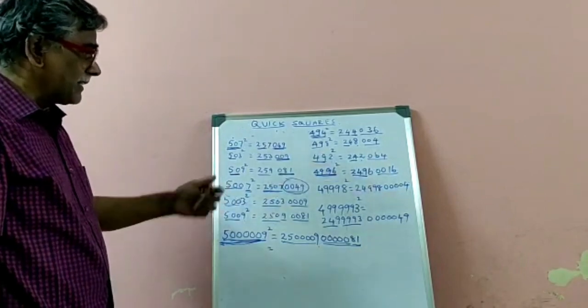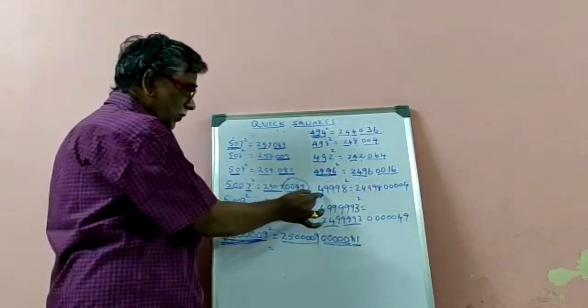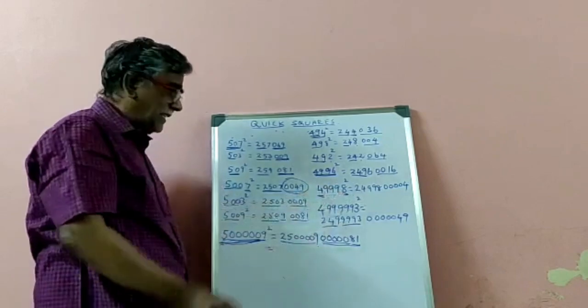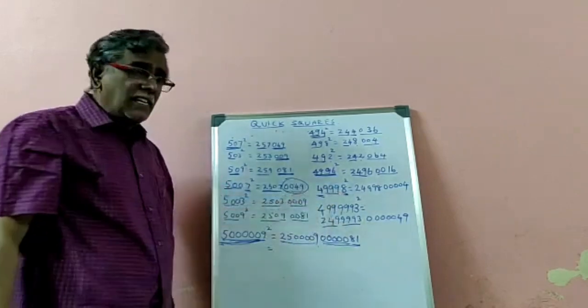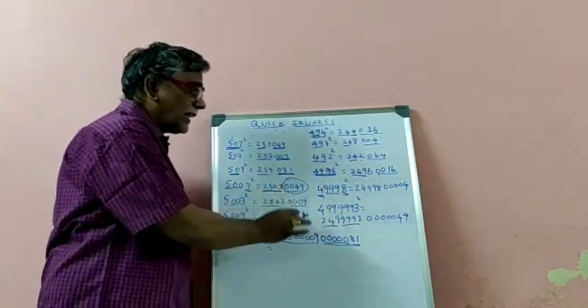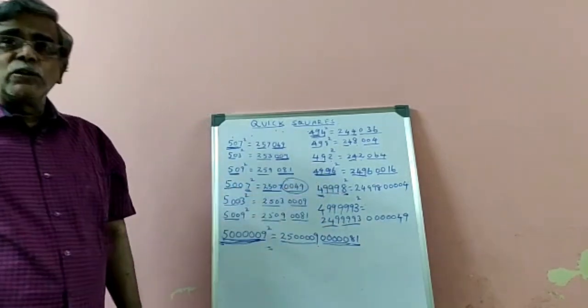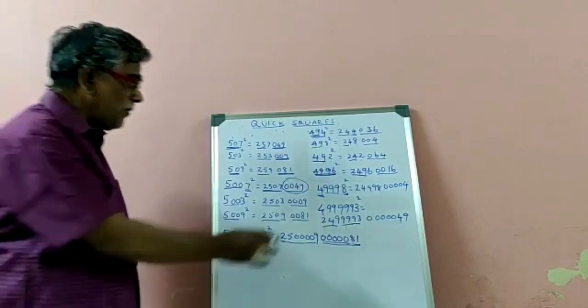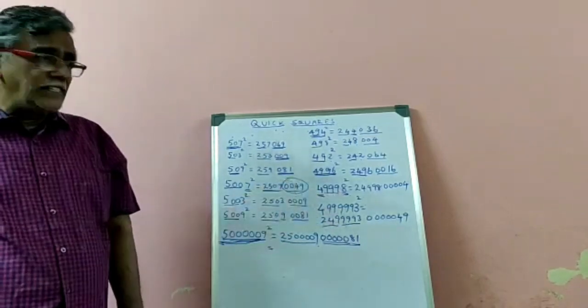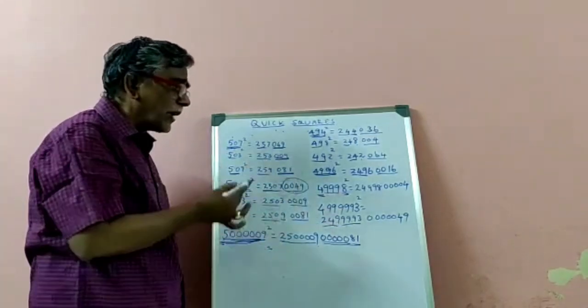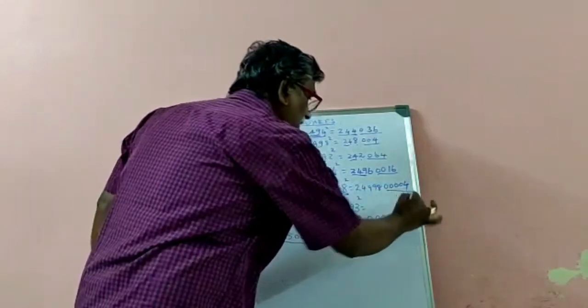If suppose a 5 digit number, starting with 4 and 8 as last digit, in between them all are 9s. In this case 49,998 square. Here also how much less to 50,000? 2 less than 50,000. How many digits in this number? 5 digits. So 2 square you write in 5 digits. 2 square is 4.